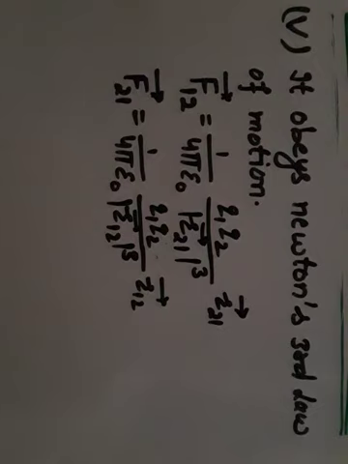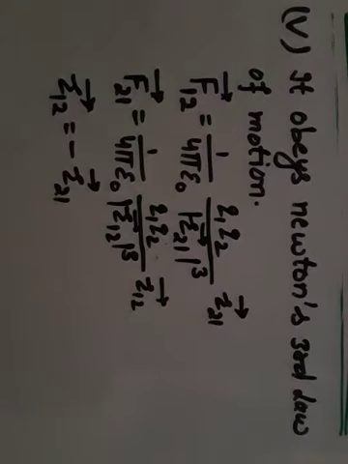According to the vector form of electrostatic force, the relations for F12 and F21 are given below. From the relation and properties of vectors, we know that R12 is equal to minus R21.